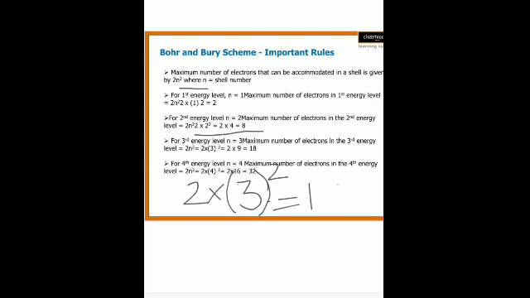The maximum number of electrons that can fit in the third shell is 18, not more than that. So this is how you calculate the maximum number of electrons in a particular shell. It is the amount which the number of electrons cannot exceed in that energy level.